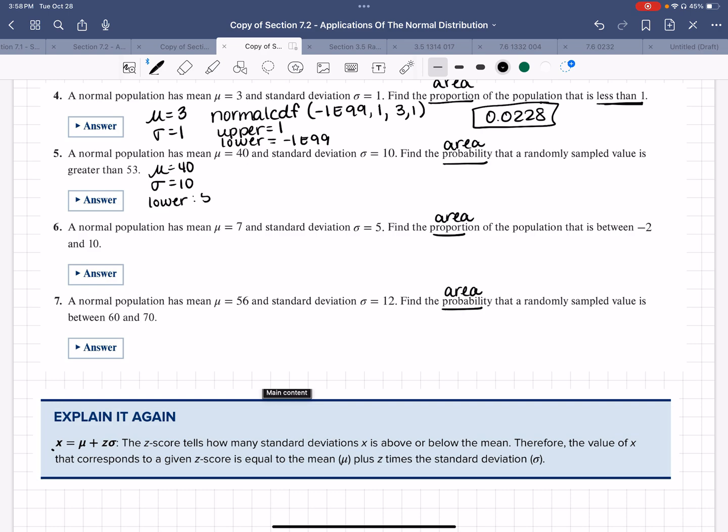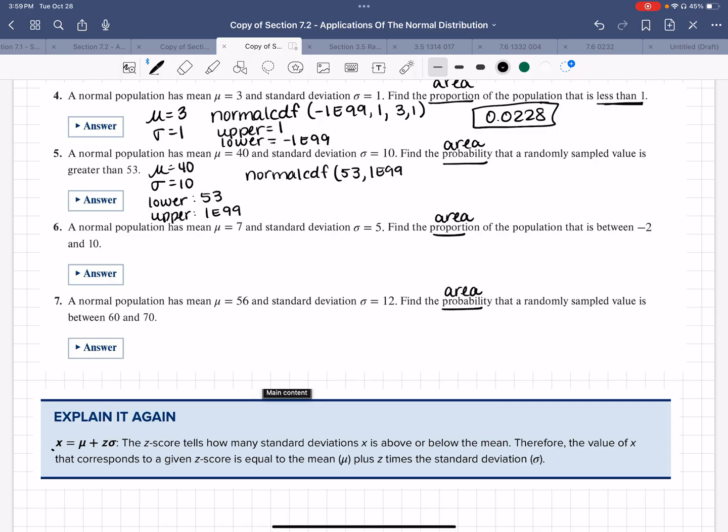My lower is 53. My upper is going to be all the way to positive 1e to the 99. So for my normal CDF, I should have 53 is my lower, 1e99 is my upper.